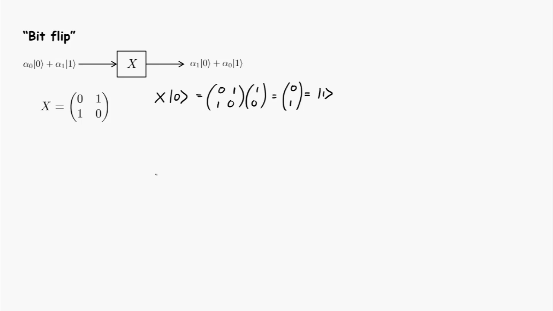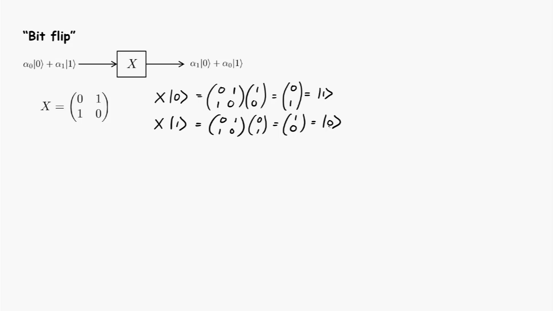Well, this gives us 0, 1, which is just the state 1. And similarly, X times 1 is 1, 0, which is the basis state 0. So what X does is flip the basis states. It maps 0 to 1 and 1 to 0.